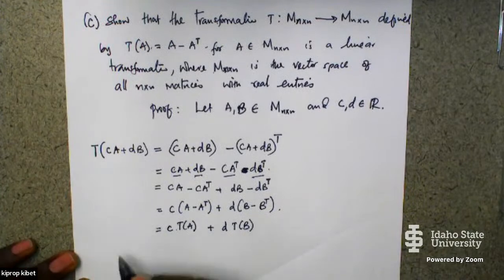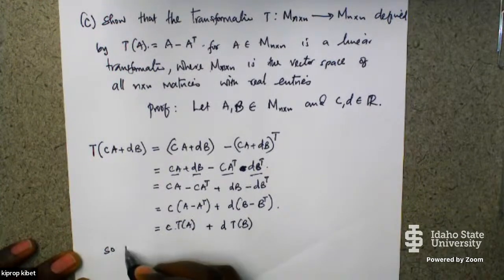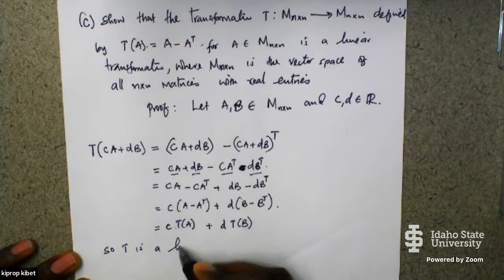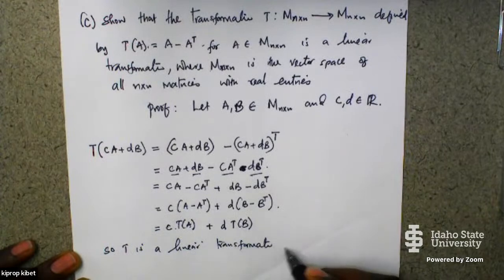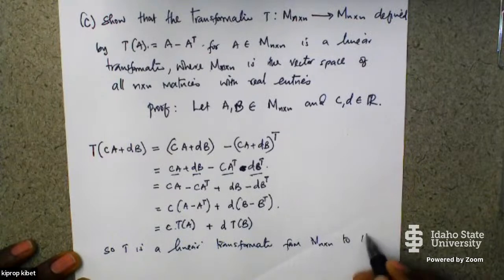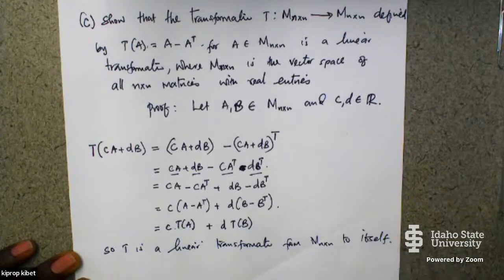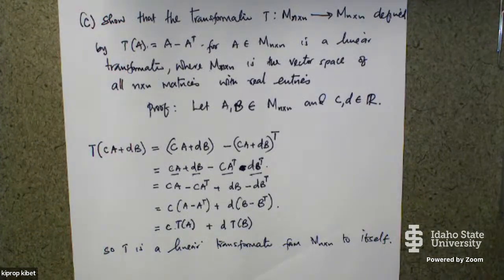Therefore T is a linear transformation from Mn by n to itself. So that's how we prove the transformation.